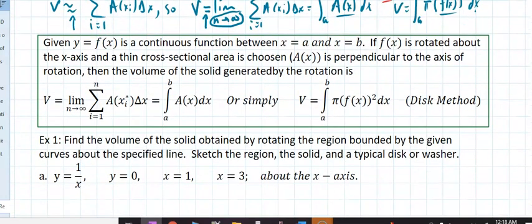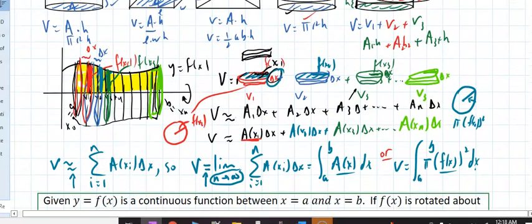And here's what I just said written as a definition. Given y equal f of x is a continuous function between x equal a and b, if f of x is rotated about the x-axis and a thin cross-sectional area, that's these small pieces that I took, A of x, is chosen, where A of x is perpendicular to the axis of rotation.